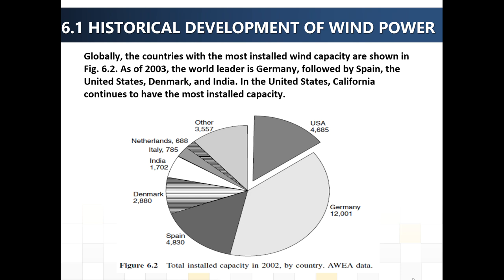In the United States, California continues to have the most installed capacity. But this data is from the year 2002. At present, China is the country with the largest wind power capacity.